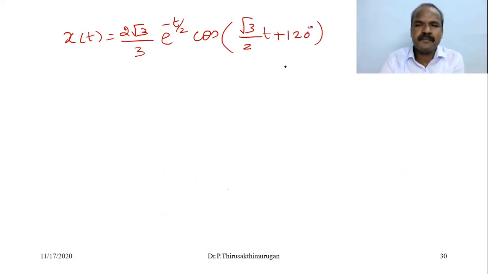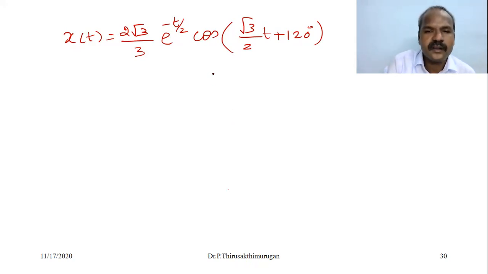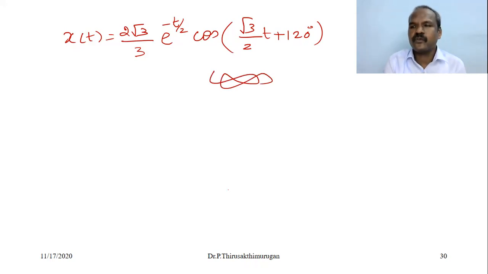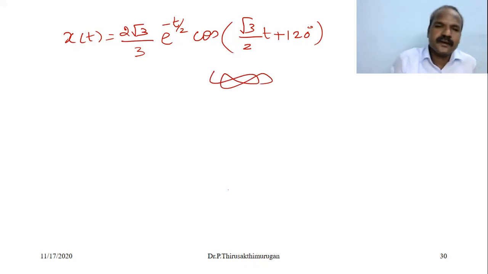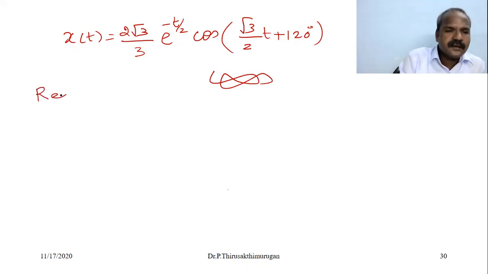Because tan b by this is nothing but phi, right? This is phi, angle phi. Phi is tan inverse of this thing. So this is the solution for complex poles.